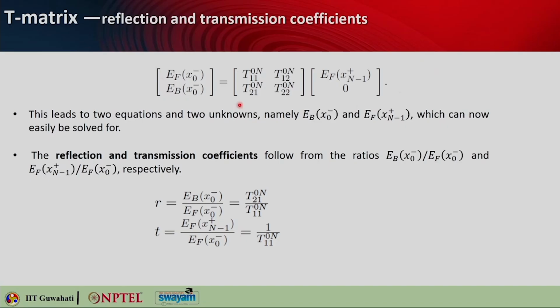Now, will you be able to correlate the reflection and transmission from this transfer matrix? The answer is yes. If you see, this is the forward propagating wave, that was basically the incident wave. What is EB x0 minus? That is the reflected wave from the very first interface.